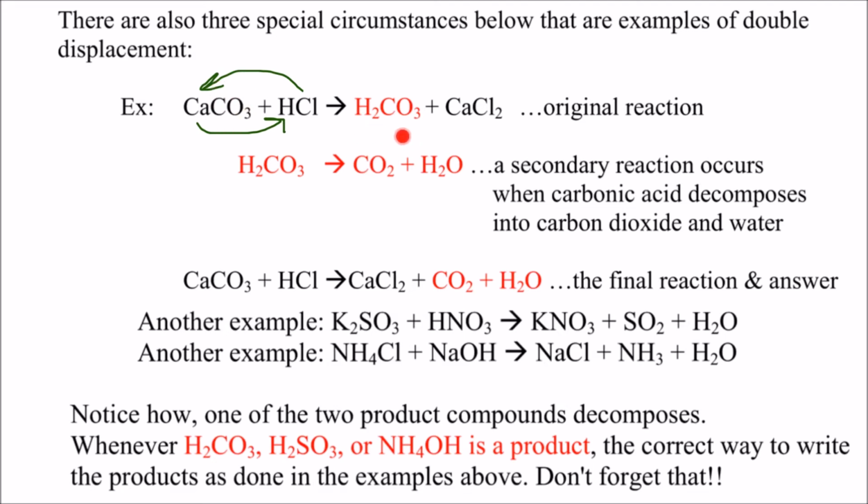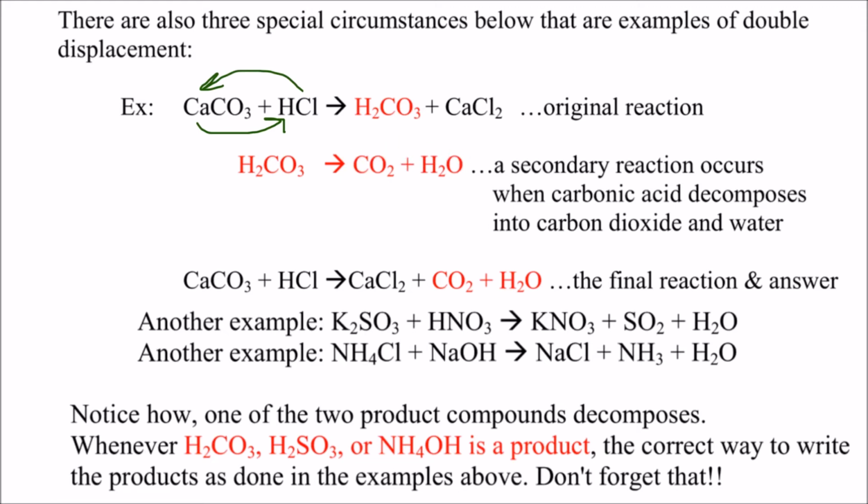So you get H2CO3. And then you're going to have the calcium pairing up with the chloride, and so we'll get calcium chloride. Now this, since it starts with hydrogen, that's an acid. This is carbonic acid. Well, as it turns out, carbonic acid is unstable, and it will quickly decompose into carbon dioxide and water. So it's going to break down into CO2 and water.